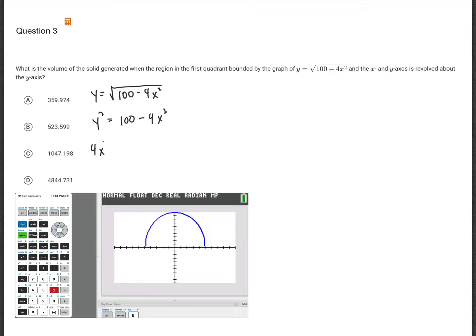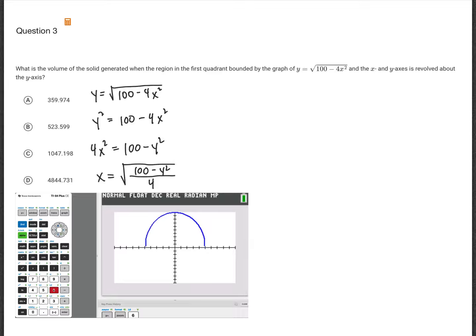You can see you get 4x squared is really 100 minus y squared. Then we can divide by 4 and square root both sides. So now we have the exact same curve, but now in terms of x, like we need it to be.